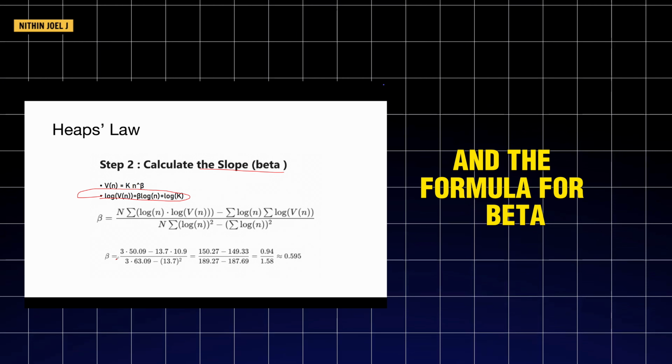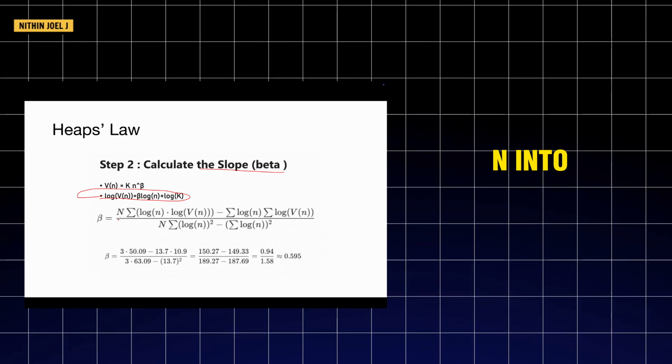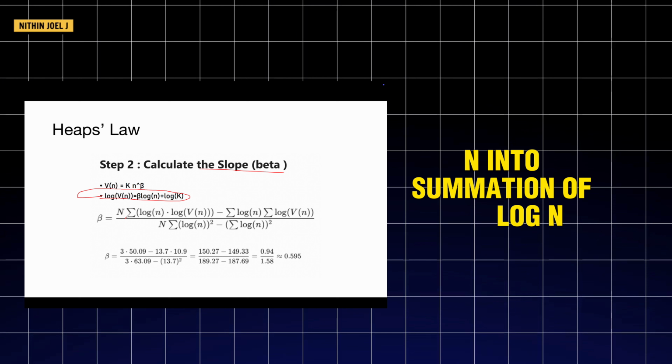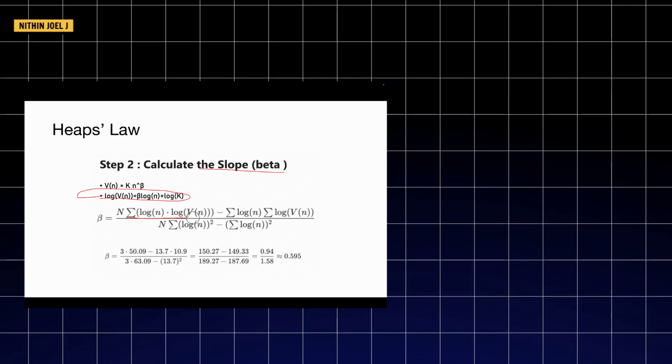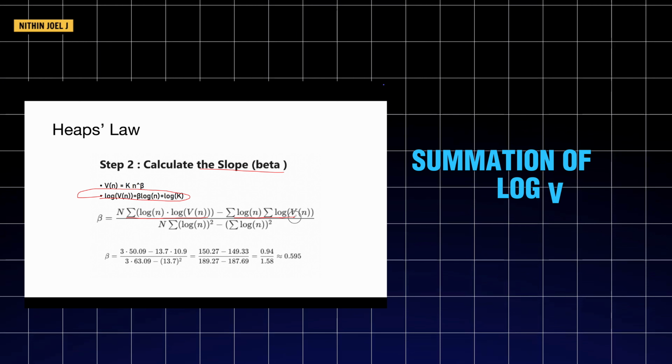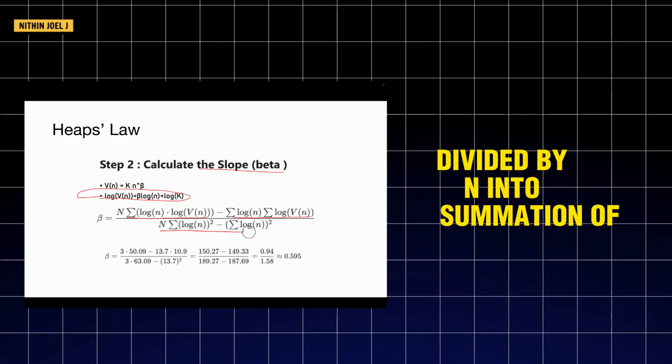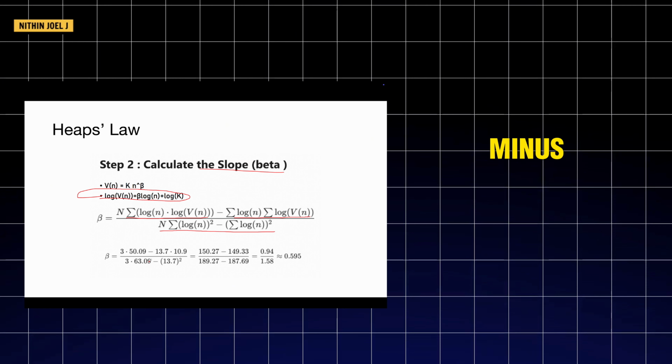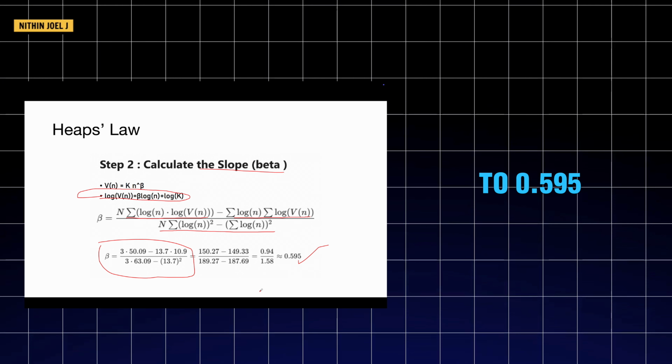The formula for beta is N × summation of (log n × log V(n)) minus summation of log n × summation of log V(n), divided by N × summation of (log n) squared minus (summation of log n) whole squared. The values have been substituted and we found beta is equal to 0.595.